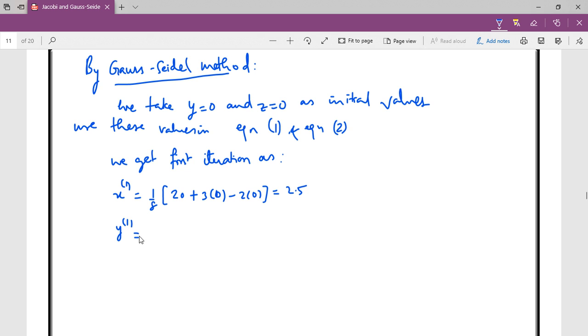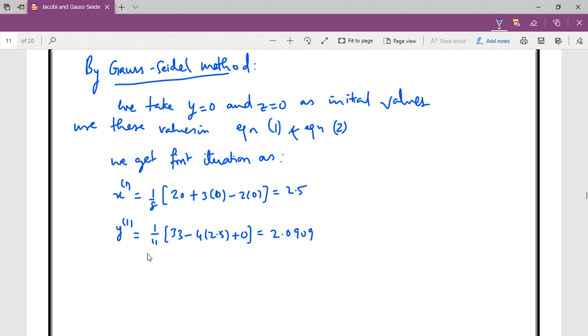But in y1, in place of x0 we are going to use x1. So this is going to be 1 by 11, 33 minus 4 into 2.5 plus 0, where z0 we are still using. This gives 2.0909.